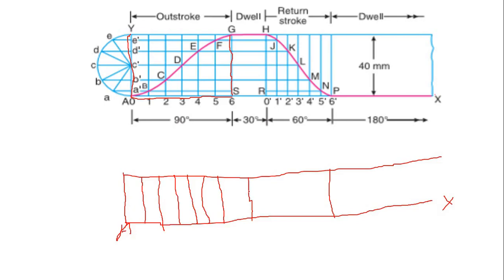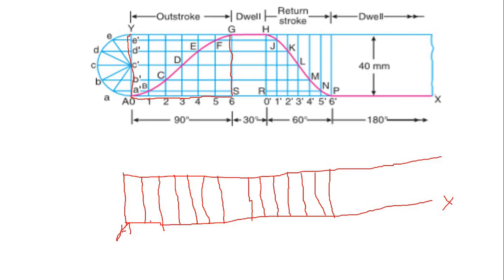Similarly, we have to divide the return stroke into 6 equal parts, that is 6 centimeter. If 6 centimeter is divided into 6 equal parts, then one part is equal to 1 centimeter: 1, 2, 3, 4, 5 and 6.